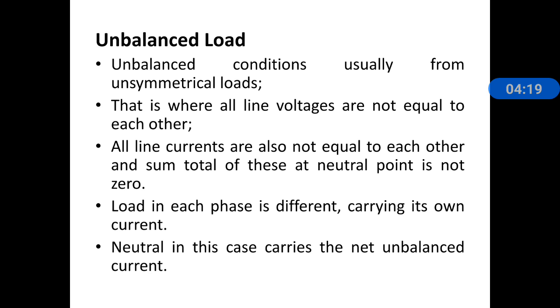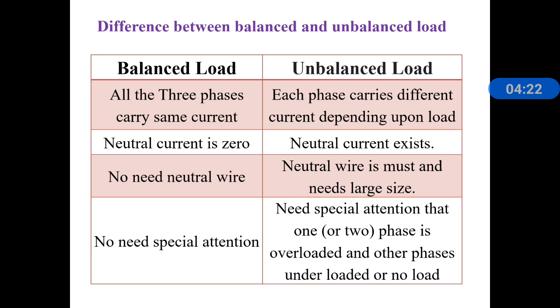In the next slide we are discussing the difference between balanced and unbalanced conditions. What we discussed in the earlier slide, the same we have listed here, under balanced load and under unbalanced load. First point, under balanced load all three phases carry the same current. In the unbalanced case, each phase carries a different current depending upon load.